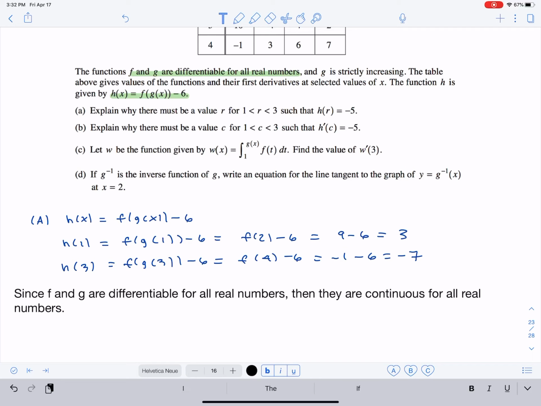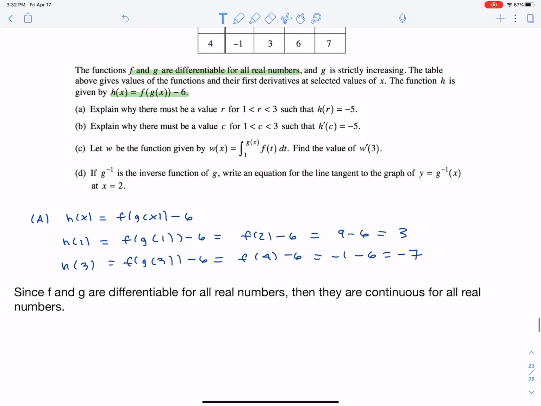Okay, so I've established that both the functions are differentiable. I've established that both the functions are continuous.